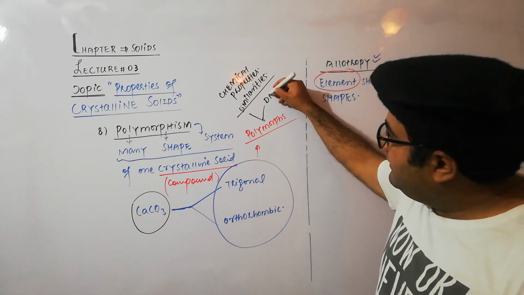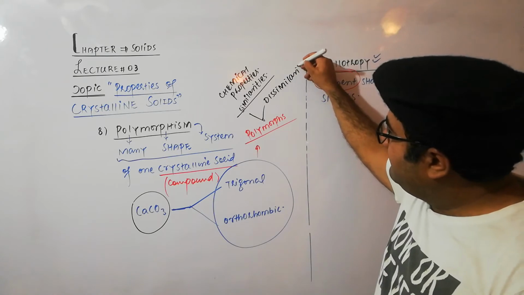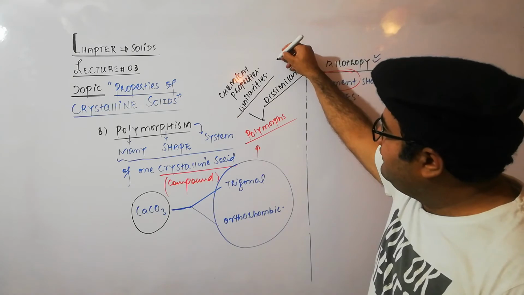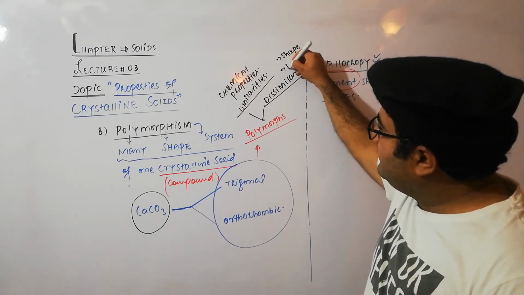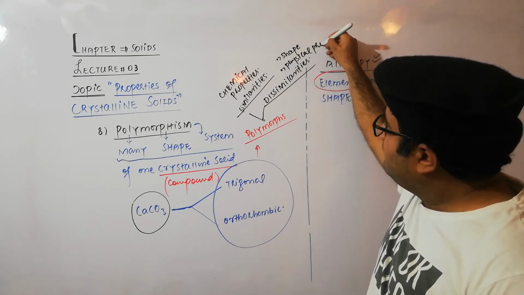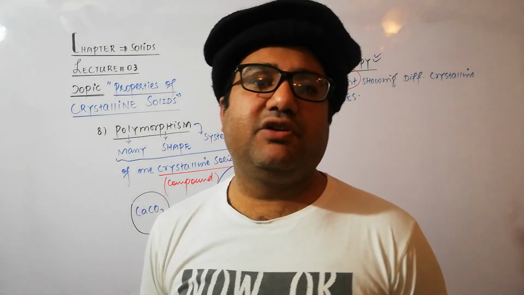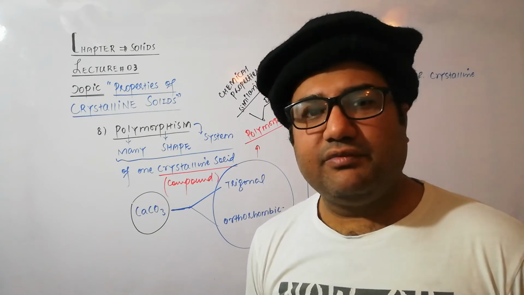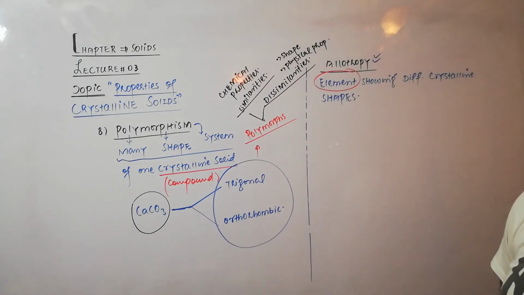And what will be the dissimilarity? There will be two dissimilarities, one shape, another physical properties. Now why do they have different physical properties? Because there is a difference in the arrangement of the particles, and the physical properties depend upon the arrangement of the particles, so they will be different.